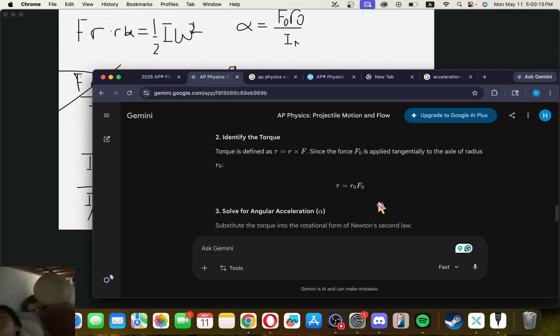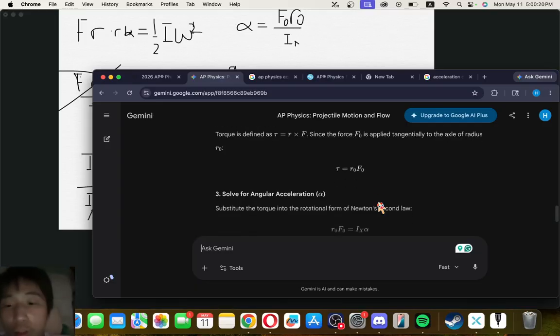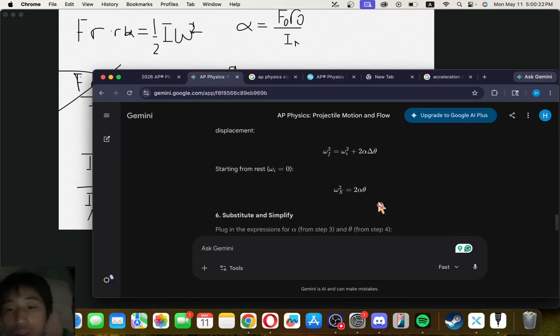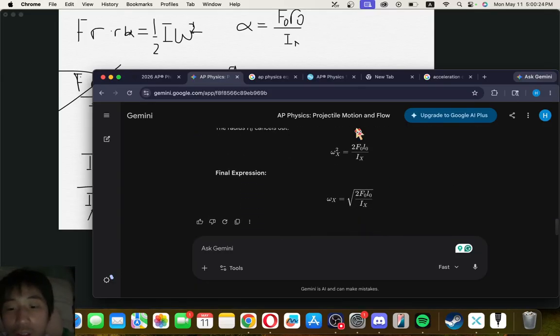And so therefore L over R equals theta. I'm just a robot. So you can do it linearly.